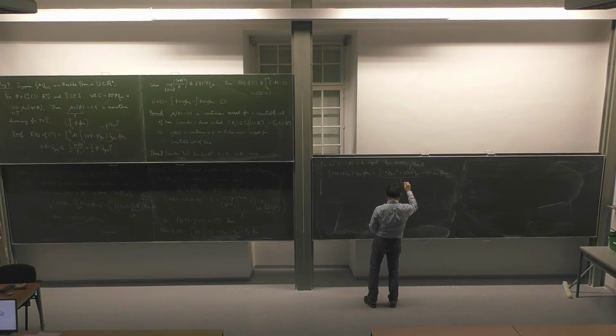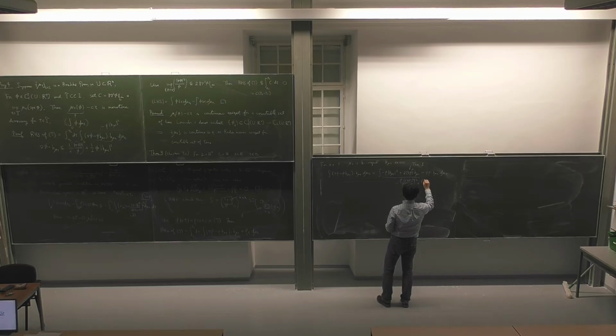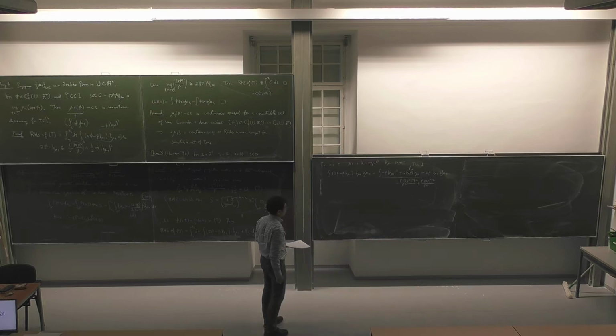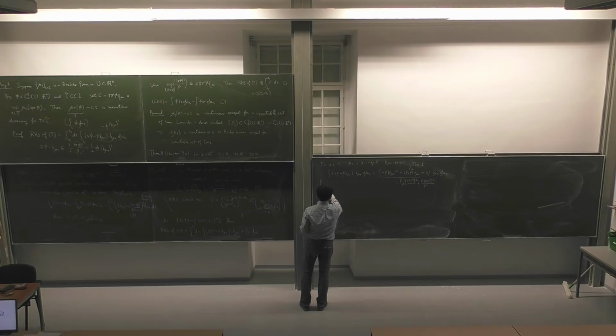So you add and subtract this guy, and you can complete the square.